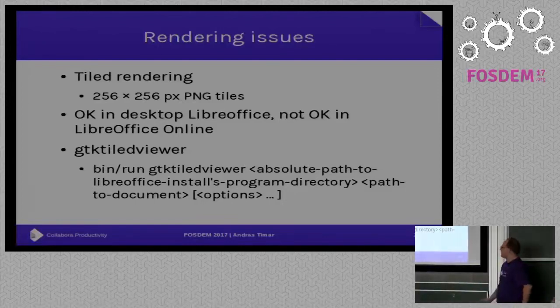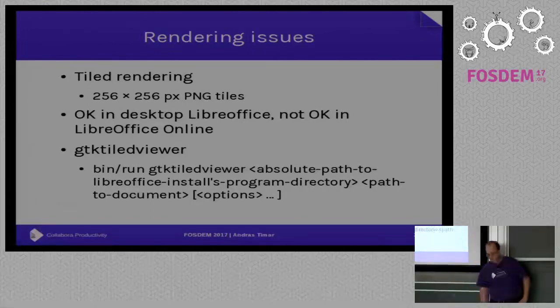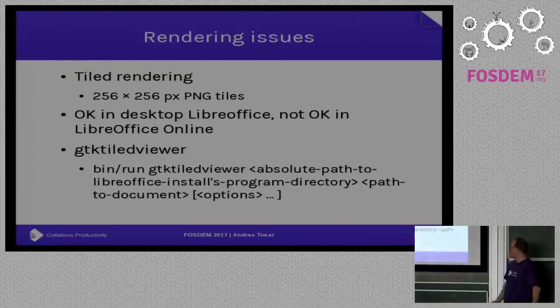But we also have an application, the GTK tiled viewer, which can be used for debugging rendering issues. So you don't have to set up the complete online environment in order to debug rendering problems.